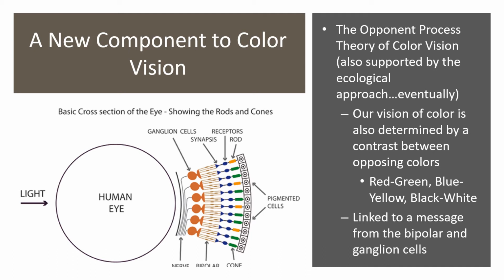The catch is that if you stare at something for a really long time and kind of burn out the message going to your brain, it might accidentally recalibrate a bit when these opponent process messages and cone messages just stop all of a sudden. Nowadays, we know that this idea of the opponent process theory is not only logical, but it seems to be something we can trace back to specific cells.